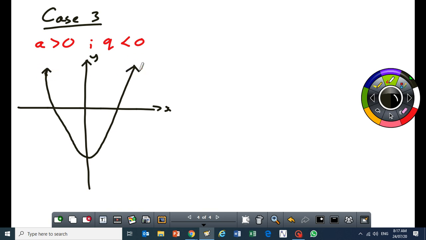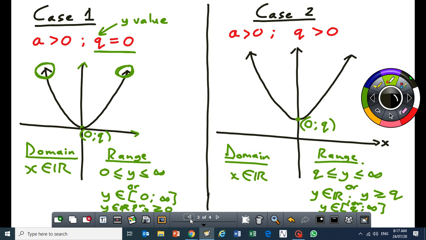Now, the first 2 graphs, let me go back. If you look at it, you find that the one for case 1 has an x-intercept at x equal to 0. This one here has no x-intercept. It's very possible that a quadratic function may not have an x-intercept.